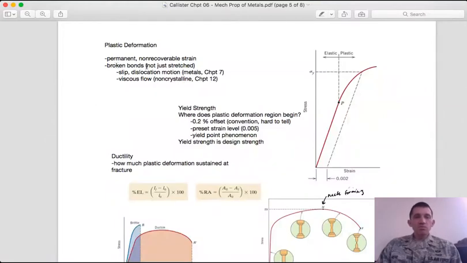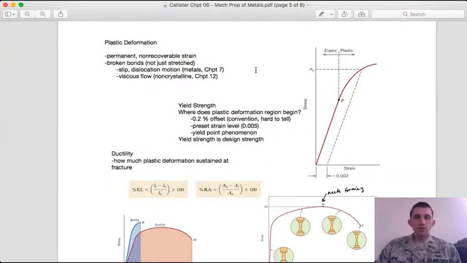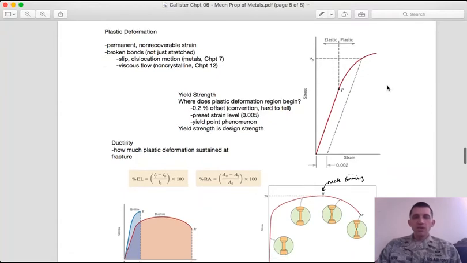But as we break these bonds, we're getting permanent deformation and a permanent change of the atomic structure. In metals, we call that a slip or dislocation motion. For non-crystalline materials, we refer to this as viscous flow.